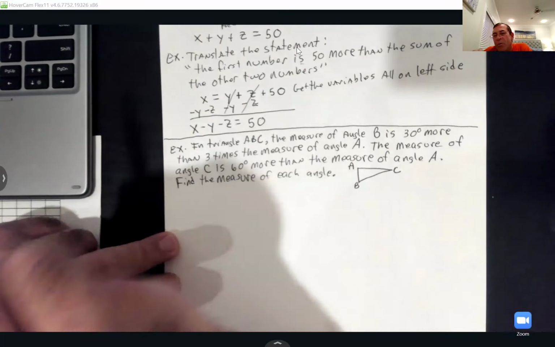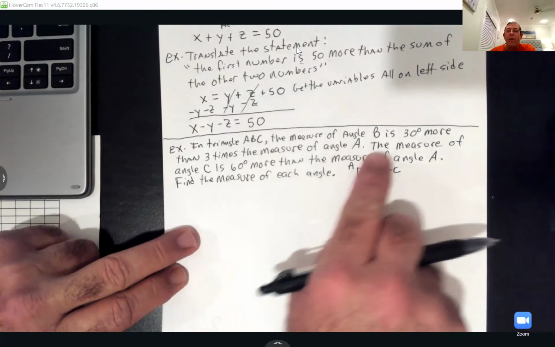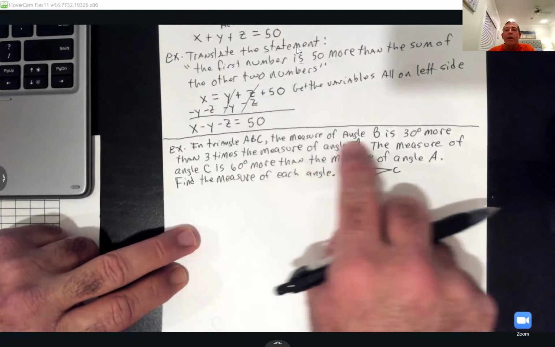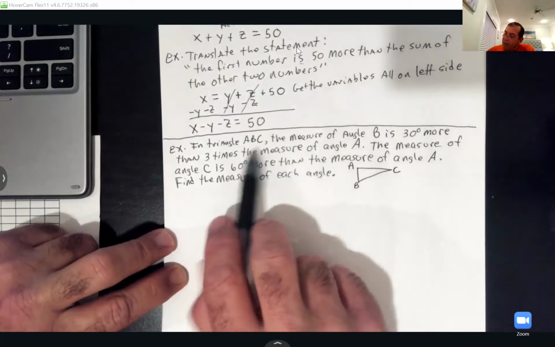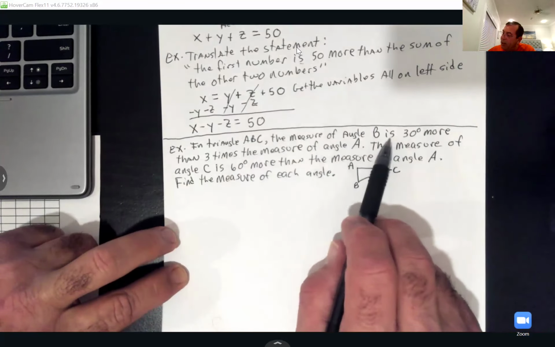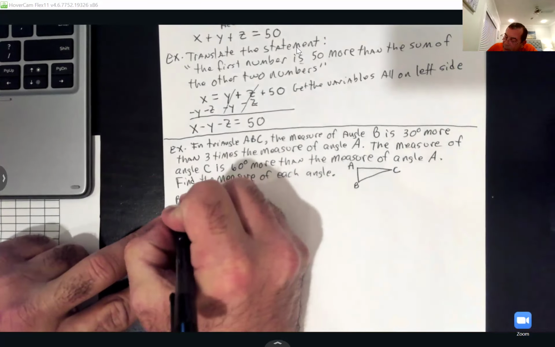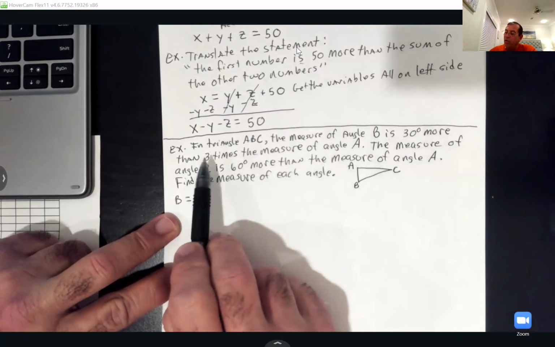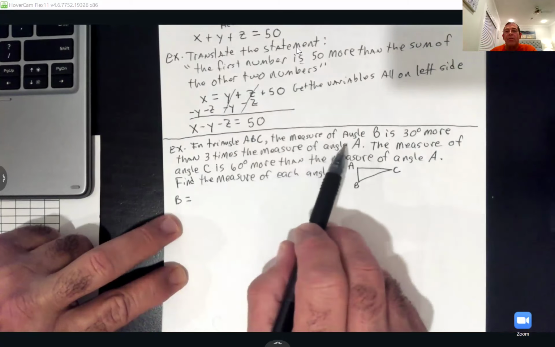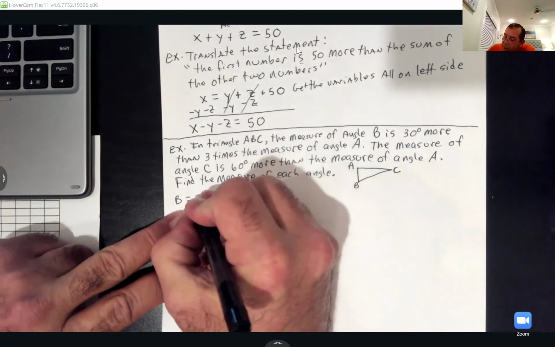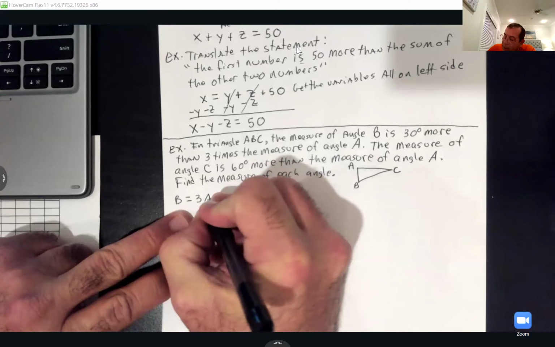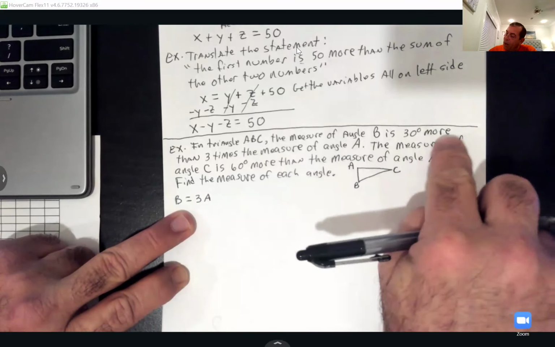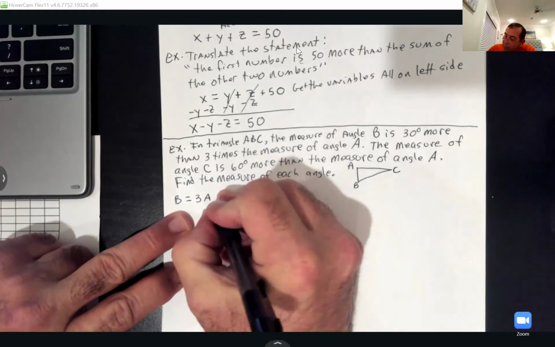But y'all, here's the thing on this problem. Let's figure out what our first equation is going to be. So this one says the measure of angle B is, so that's going to be B equals 30 more than 3 times angle A. So that's going to be 3 times angle A plus my 30.